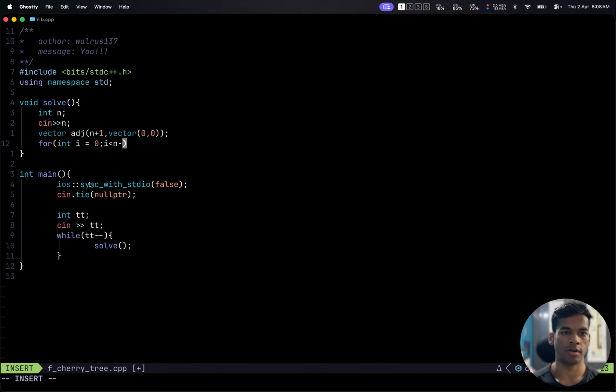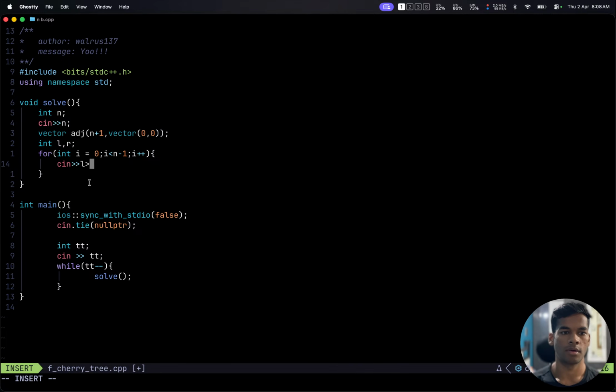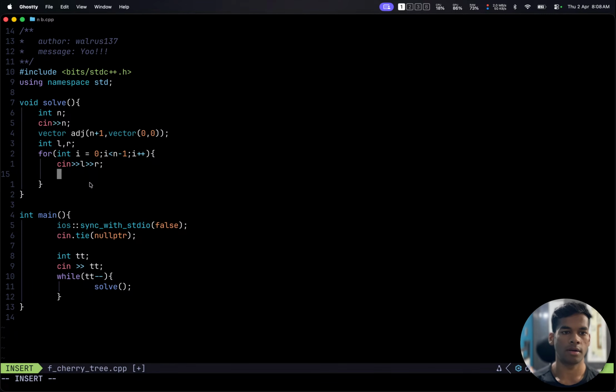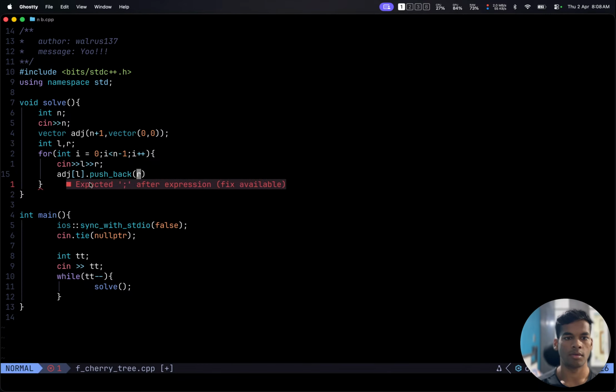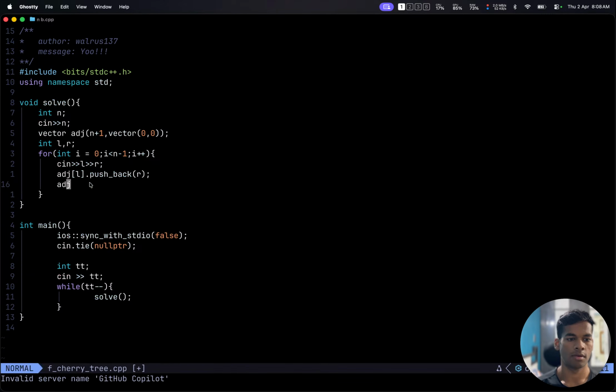For i from 0, i smaller than n minus 1, i plus plus, read L and R. Then adj L dot push back R, and adj R dot push back L. The LSP is invalid.